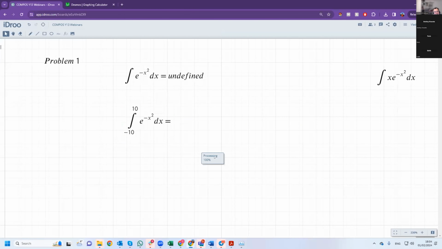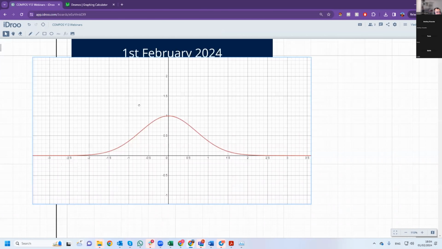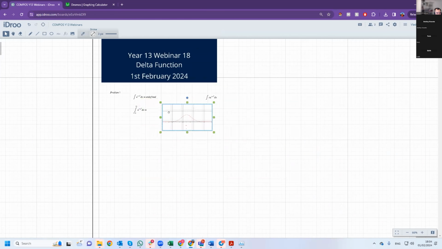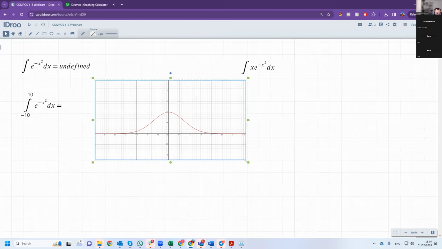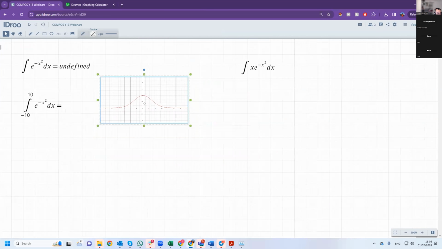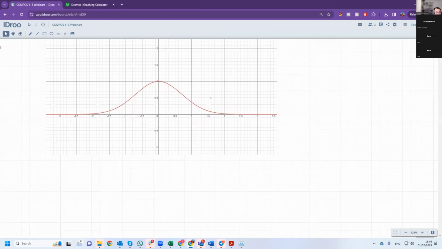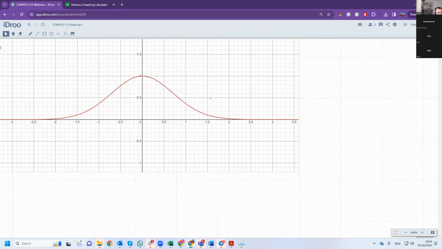Because we can clearly see that this is a very reasonable graph. It looks very smooth, and it is a smooth graph. y is equal to e to the power minus x squared.